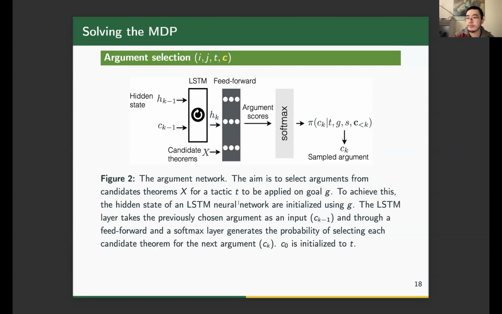It's just like when you try to prove a theorem, you can have a bunch of lemmas instead of one lemma. But once you've chosen the first lemma, your next lemma usually depends on the first lemma you've chosen. This is what we call the autoregressive generation of tokens. It basically says that the next element you choose depends on the previous element you chose.